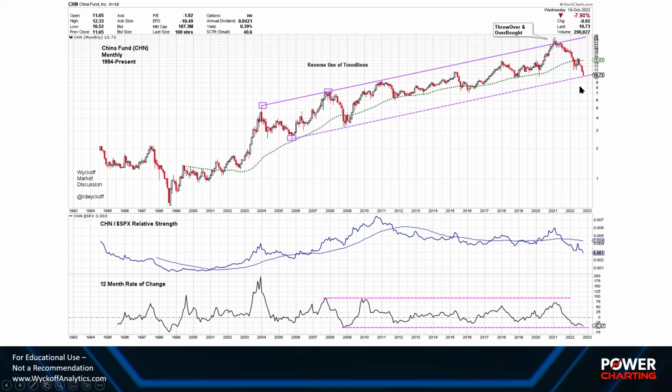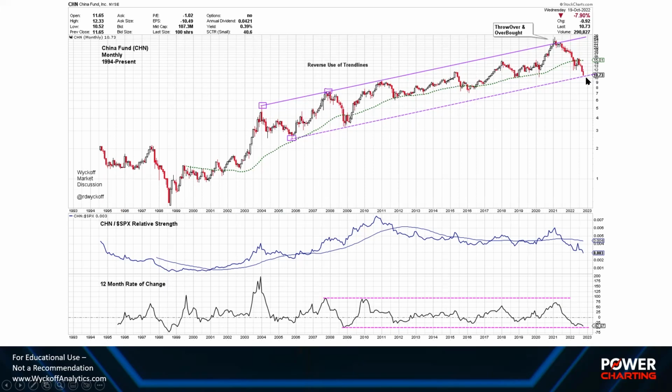Very interesting. I would expect, as was the case here and here, that if this low holds at this level, which also is an oversold condition on the 12-month rate of change, there will be a cause build. It won't just start to turn up typically, but will build a cause like it did here, built a little cause here and here and here and here.